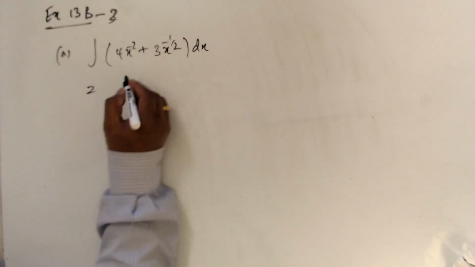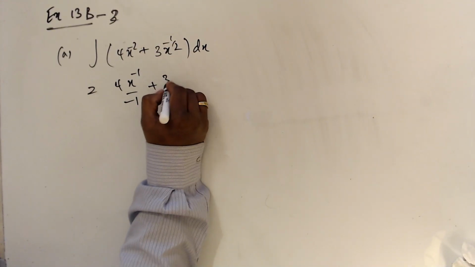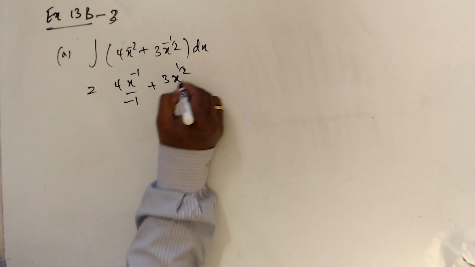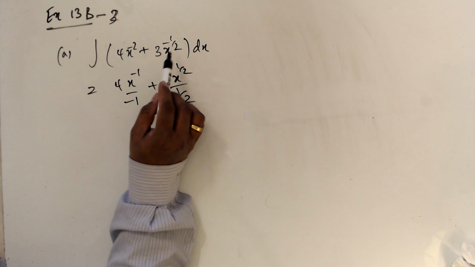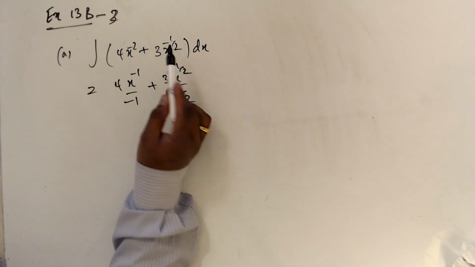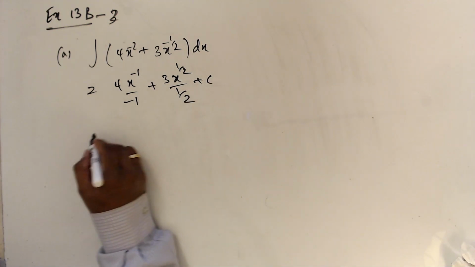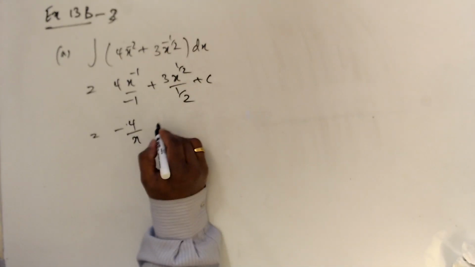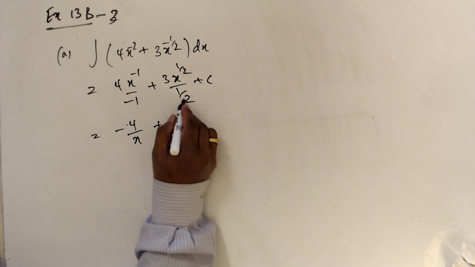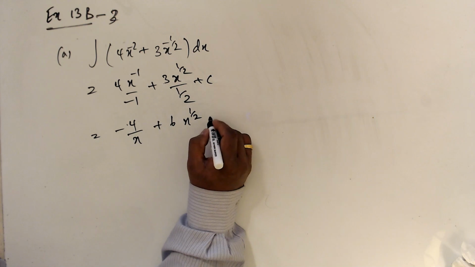Now this one, 4x^(-1) over -1 plus 3x^(1/2) over half, minus 2 plus 1 is minus 1, and half plus 1 is 3 over 2. So this is going to be minus 4x^(-1) plus 2 times 3, 6x^(1/2), plus c.